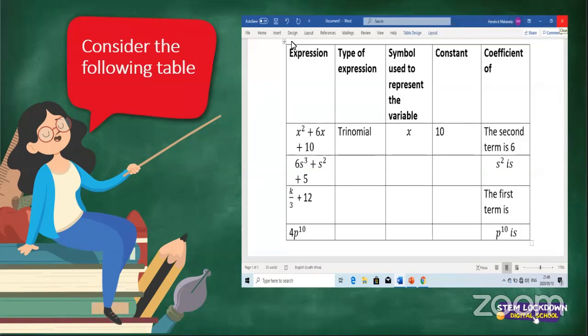If you're out there, please tell me what will be the type of expression k over 3 plus 12. What type of expression is that?